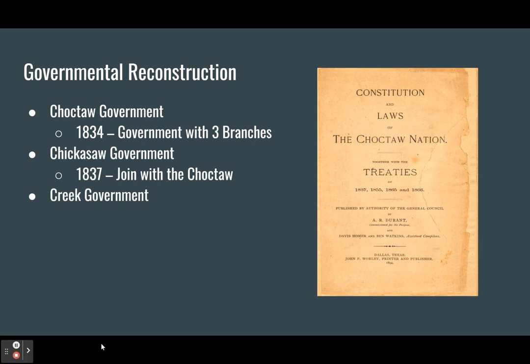If you go back in their history, remember, this is a tribe that has a lot of anger and hostility towards the idea of assimilation and adopting these new ideas of white government and governance in general.